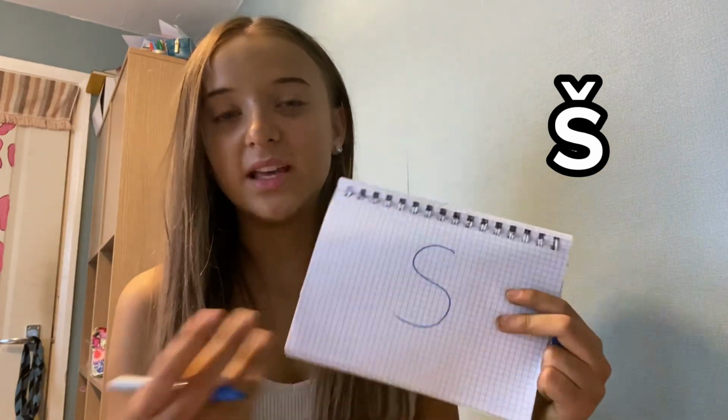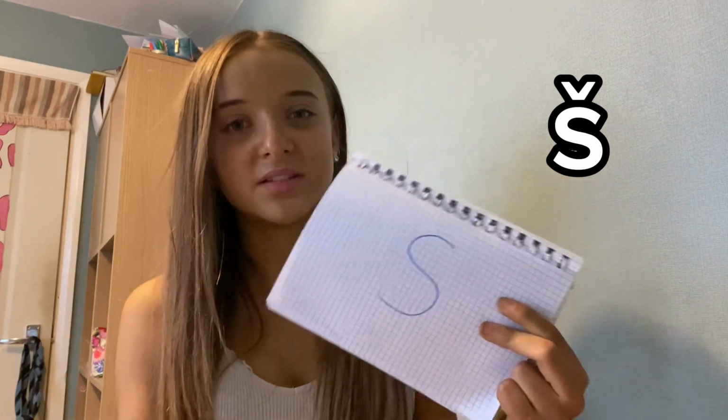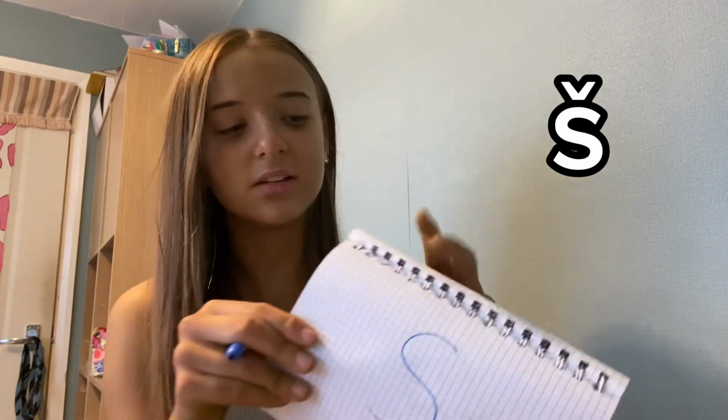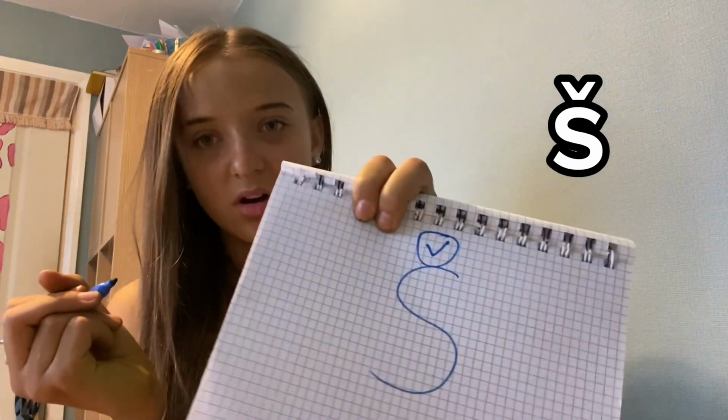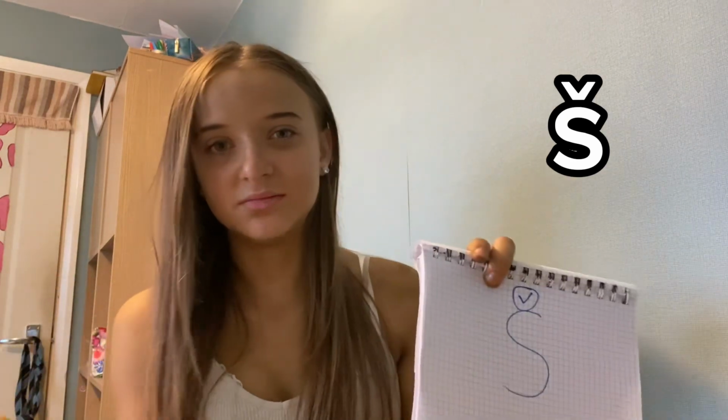That is an S in English, and in Slovakian it would be an s too. And if we add a little symbol on top, that would make it a sh. So it's like saying sh, stop being loud. What word would start with a sh?